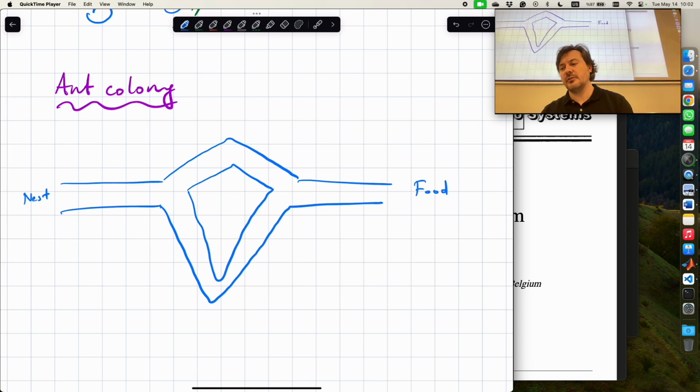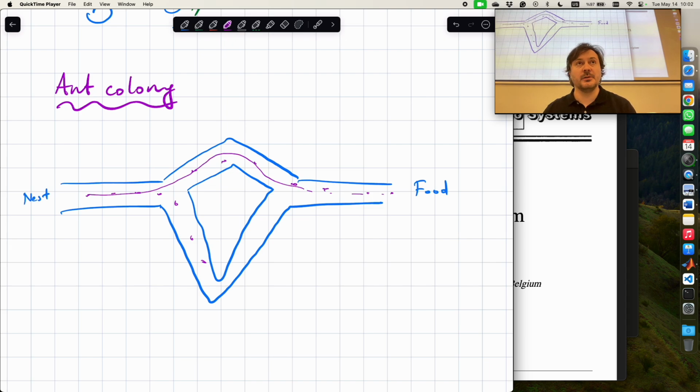Okay, so here's what ants do. They just explore. Some of them go here, some of them go there. And once they get food, they return from the road that they came from. Okay, but there's a catch. They keep releasing these pheromones, that are volatile.